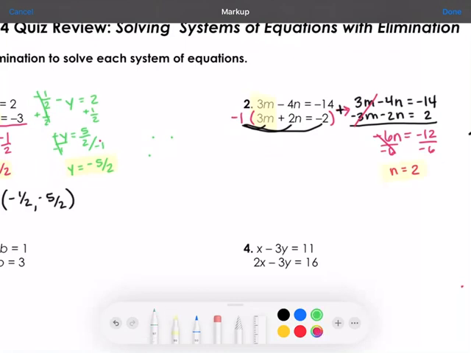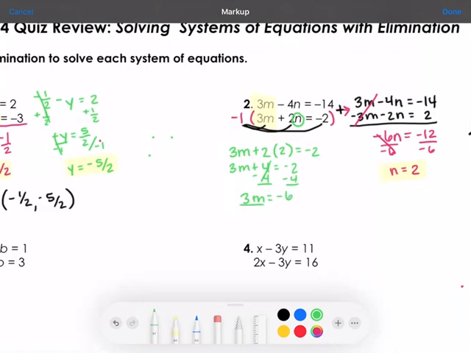Now that I've solved for one variable, I can plug this into either equation and solve for the other. So I'm going to put it in here, and everything else copies down. 3m plus 2 times 2 equals negative 2. So I have 3m plus 4 equals negative 2. I'm going to subtract 4 from both sides.